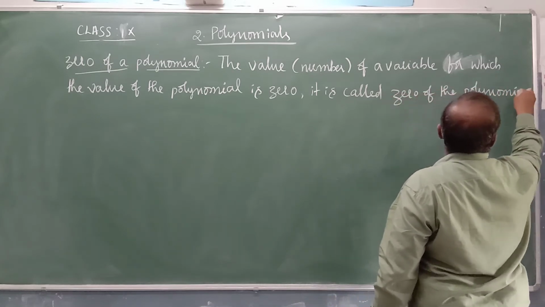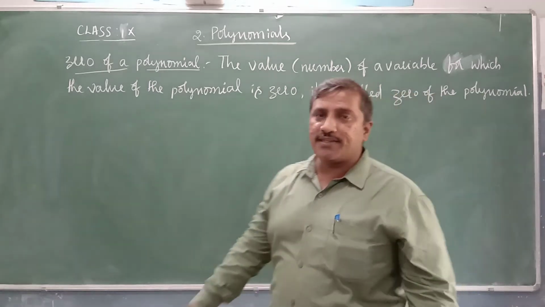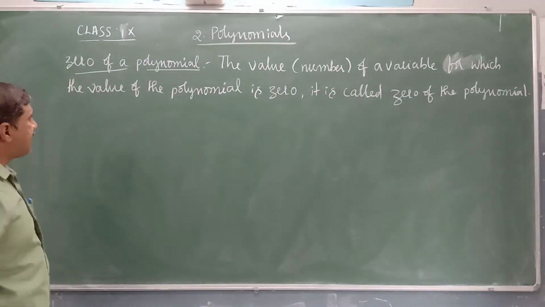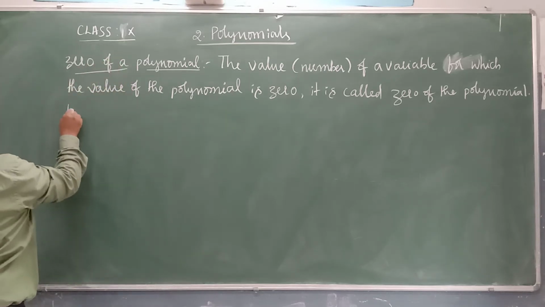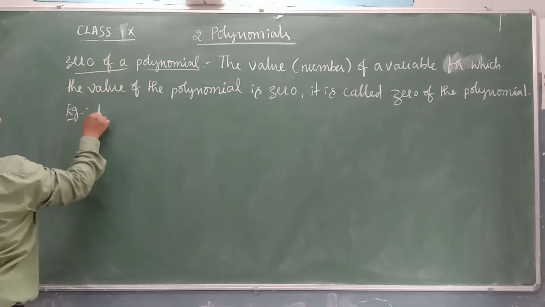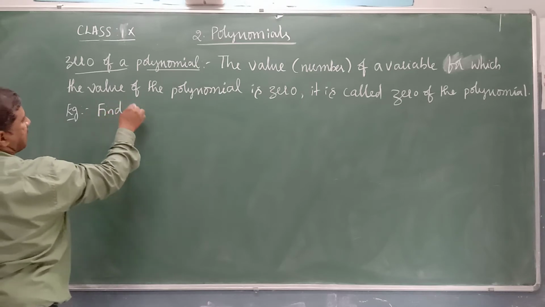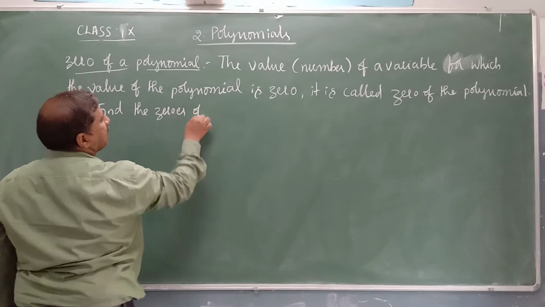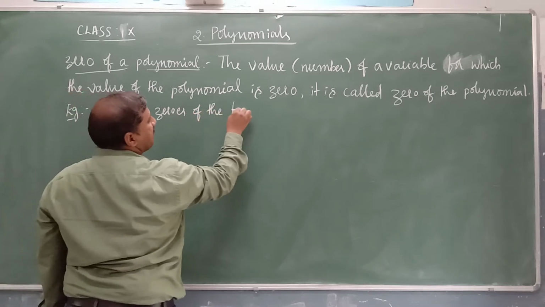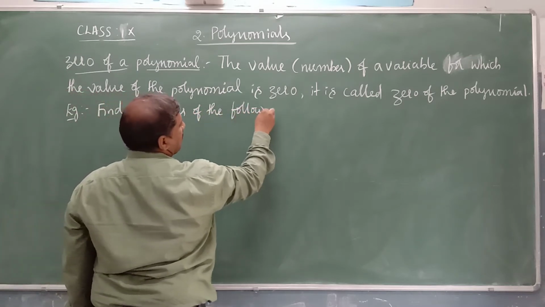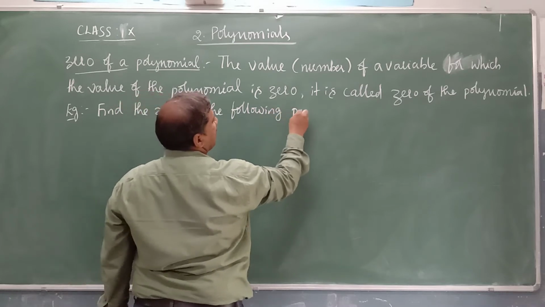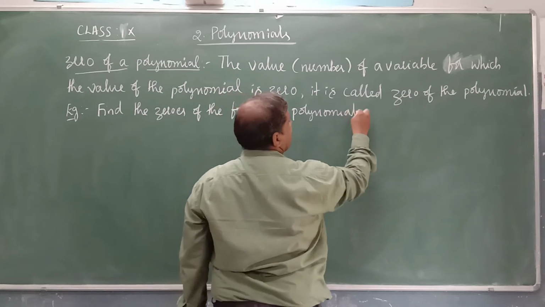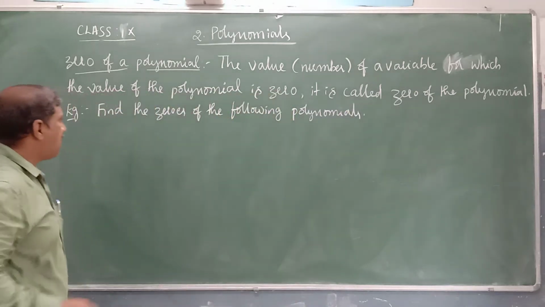Yes. Now, how do we find its zeros? So, how do we find the zero of a polynomial? Here we see some examples. Find the zeros of the following polynomials. 1.